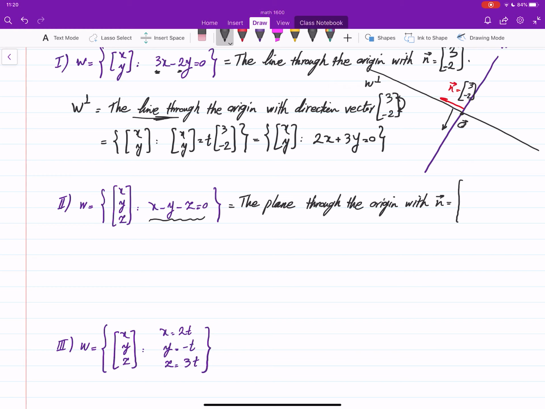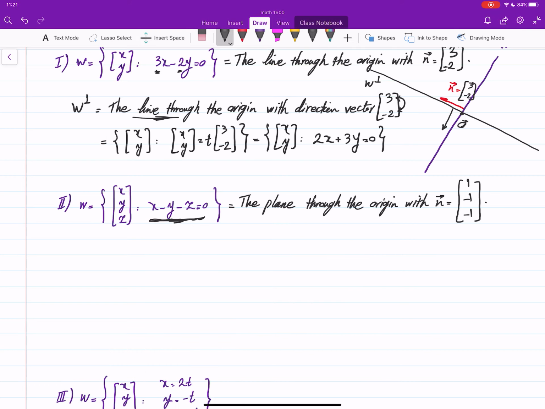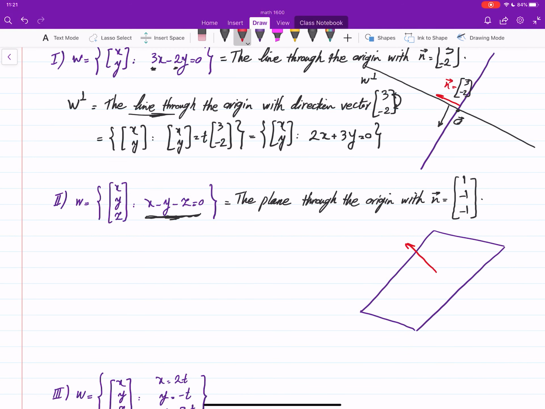Remember, if you have the general form equation for a plane, the coefficients of x, y, z form a normal vector for that plane. Very nice. Now we have a plane in R3, and we have a normal vector for that, which is, say, (1, -1, -1).